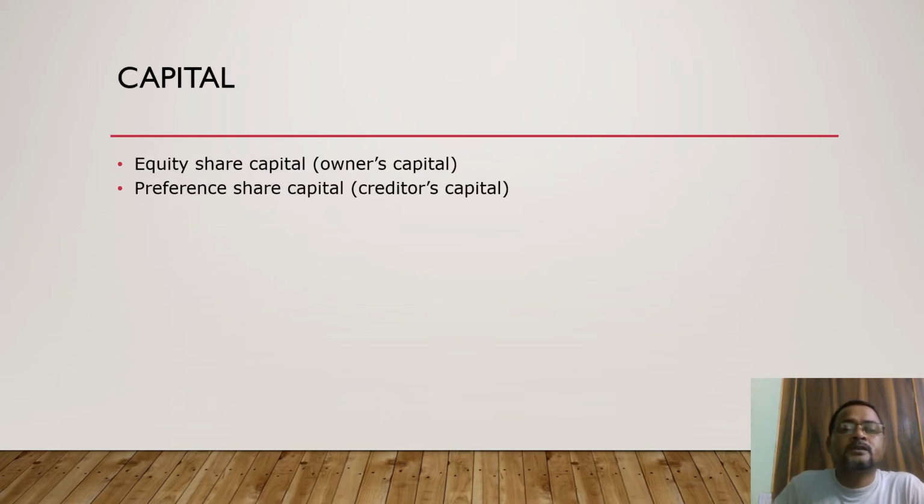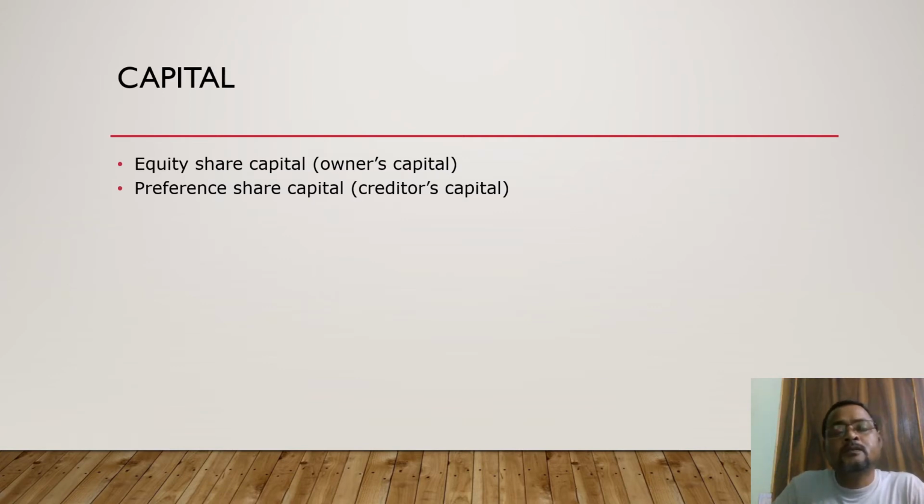The next category is capital. Capital is, as I have said already in the earlier video, the amount of money that is invested by a business owner or proprietor in the business to start the business.